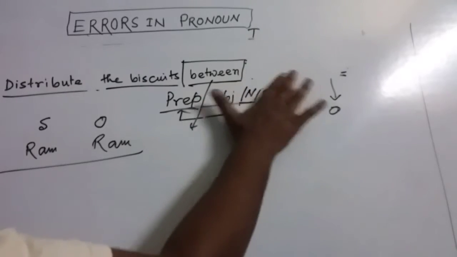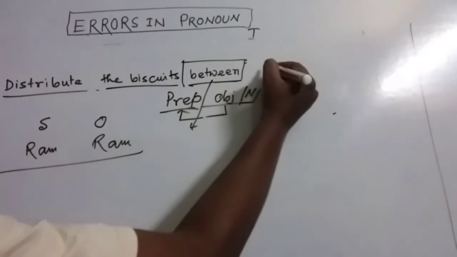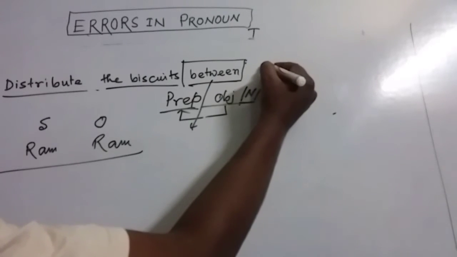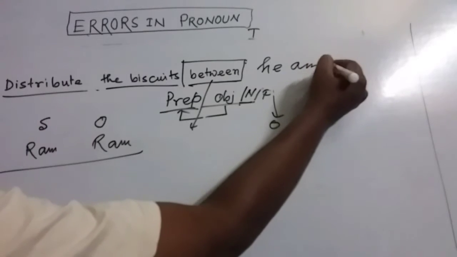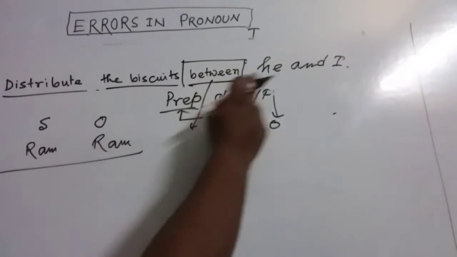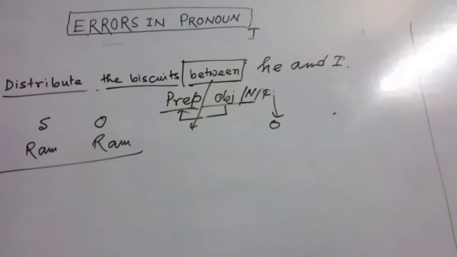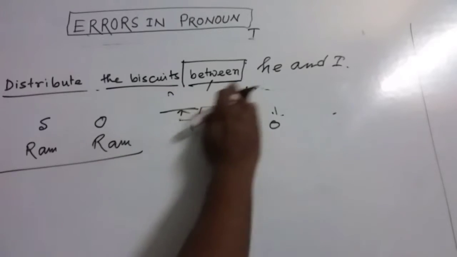If these are pronouns, at that time, between he and I. So distribute the biscuits between he and I. Friends, we cannot write this form.